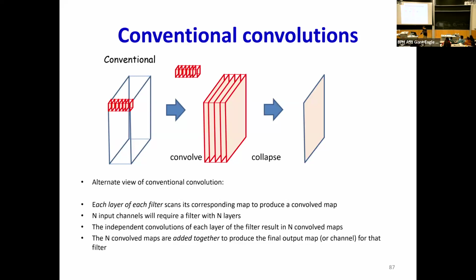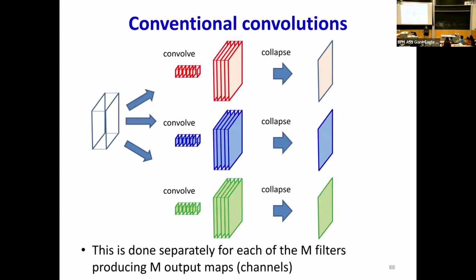And so if I have 3 filters, each of these filters is going to be performing the same computation. For each of these filters, every channel of the filter is going to be convolving the corresponding channel of the input. So here, if I had, say, 1, 2, 3, 4, 5, 6, 7 input channels and 3 filters, I'm actually performing 21 independent convolutions.